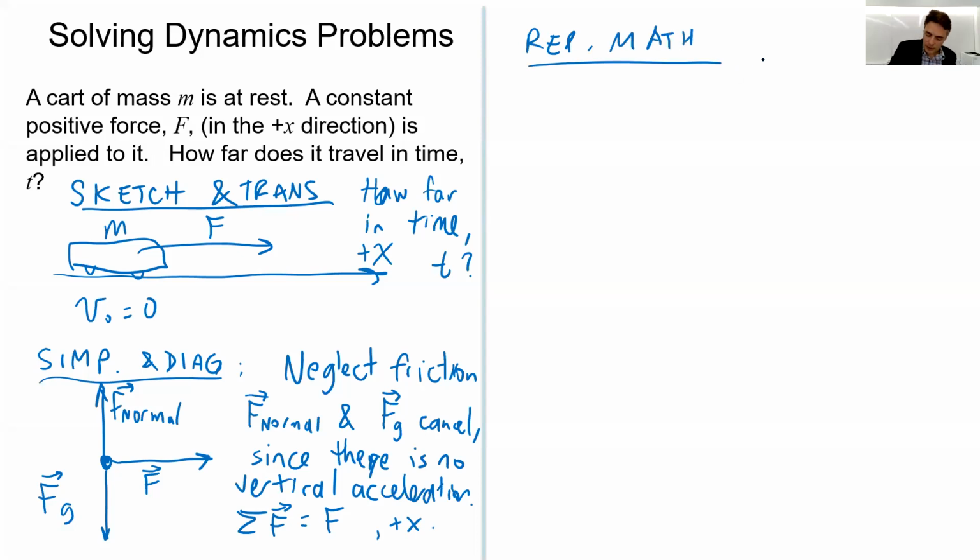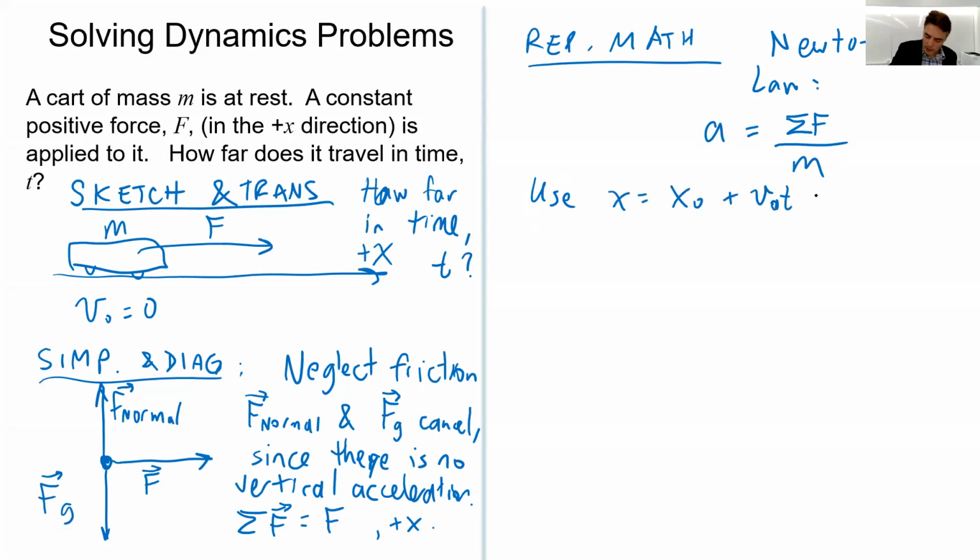And so now we can represent this mathematically. We're going to use Newton's second law, obviously. That's what this is about, which is that the acceleration is equal to the sum of the forces divided by the mass. We can maybe use x = x0 + v0 t + 1/2 a t squared. Set x0 equals 0.